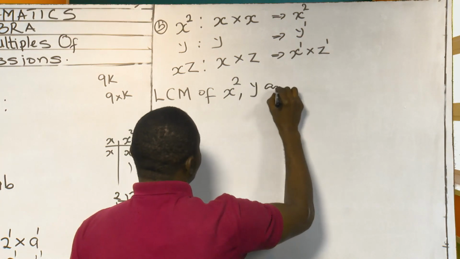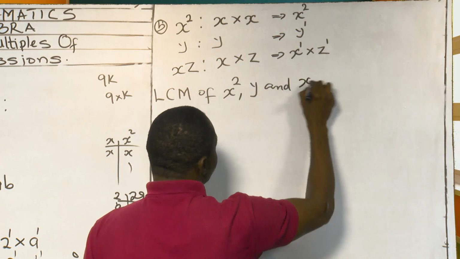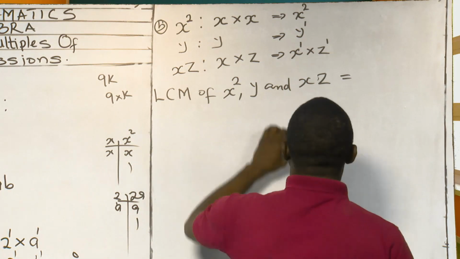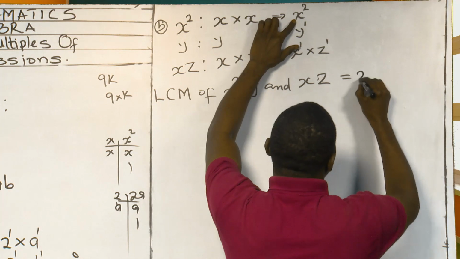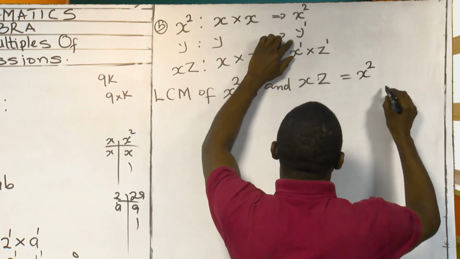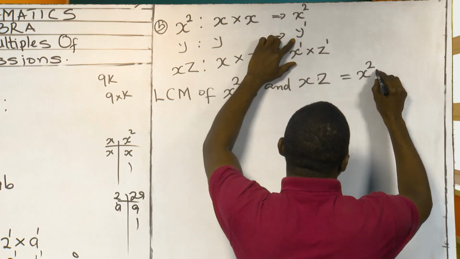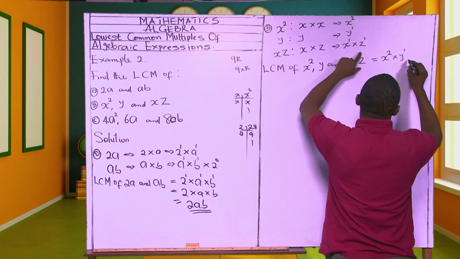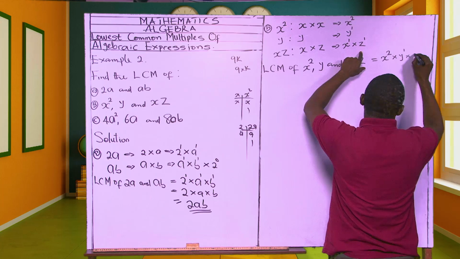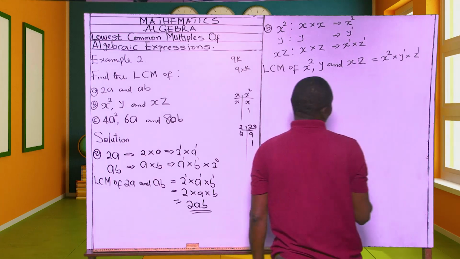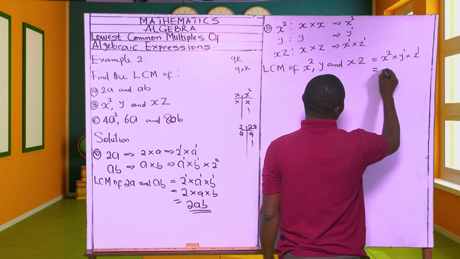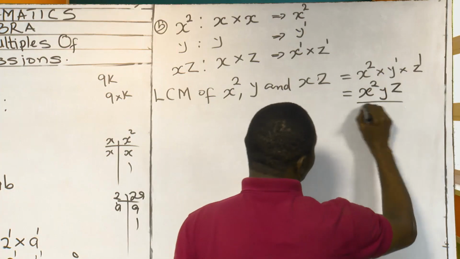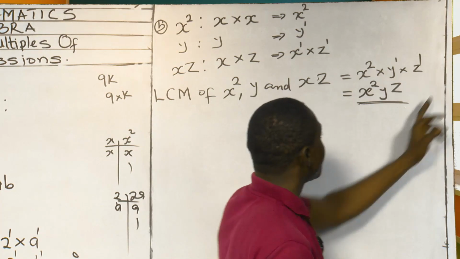Y, and XZ will be what? Will be S squared multiplied by Y raised to power 1 multiplied by Z raised to power 1, to give us S squared YZ. That is the product of all this.